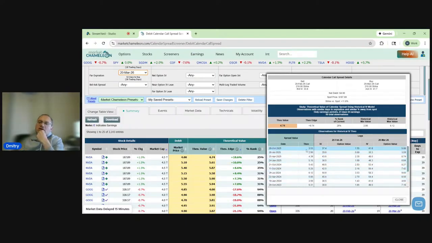And then we could calculate a theoretical value: what if we used those historical implied vols and plugged them into today's option pricing model, what would the value of the option be? Or this spread, what would the value of buying this one and selling the other one be? So these are the different values, going back in history, if we plugged those historical observations into today's model.